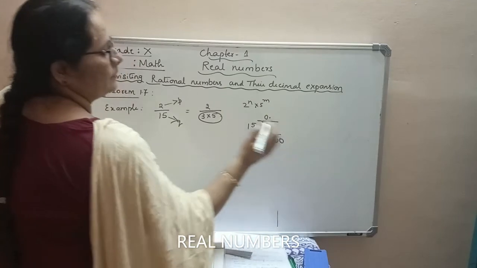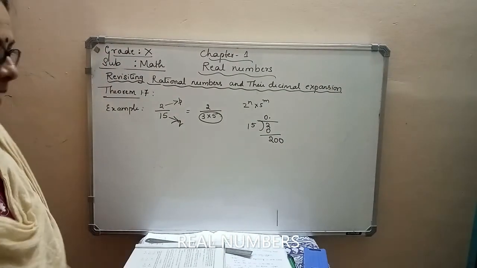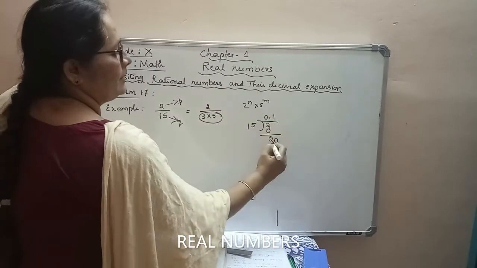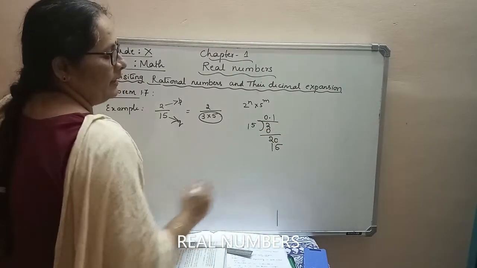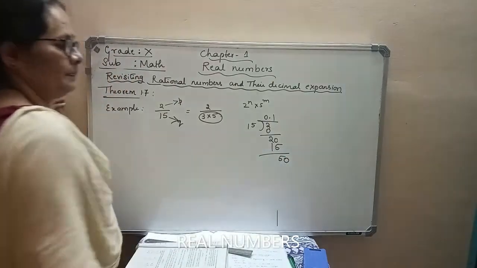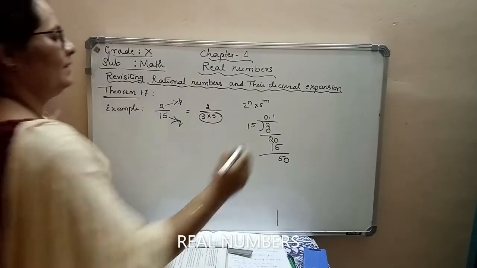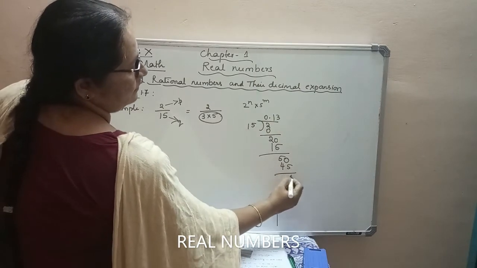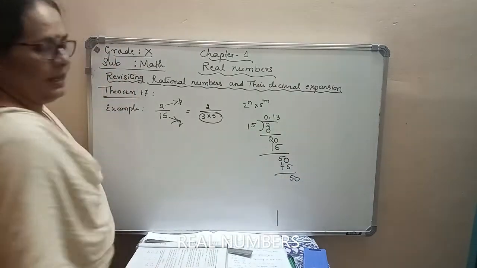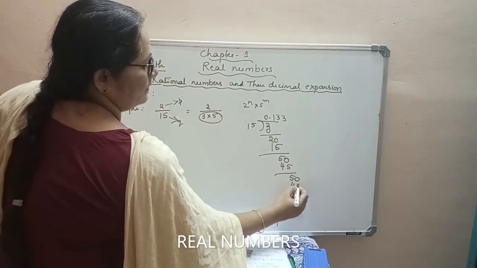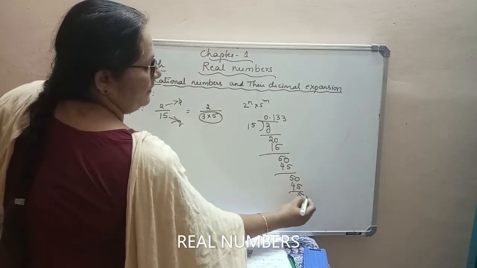So first we divide. 15 ones are 15, remainder 5, then 50. 15 threes are 45. Again 50. 15 threes are 45. Again 50.